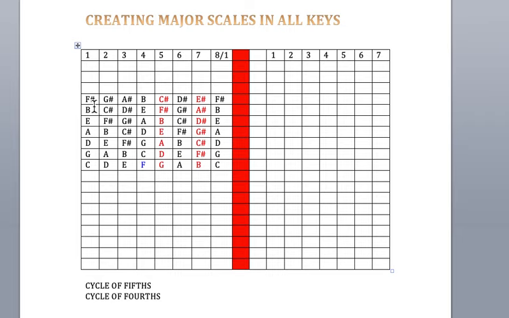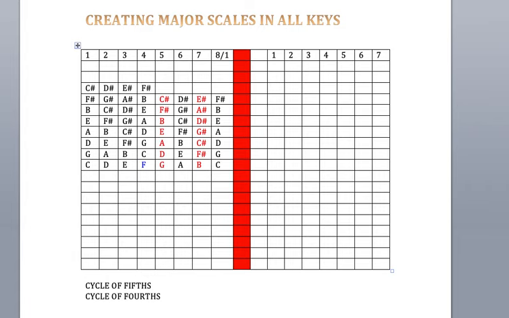Now we count again 1, 2, 3, 4, 5. C sharp is the next key. Now we pick all the other notes that are in there. C sharp, D sharp, E sharp, F sharp, G sharp.